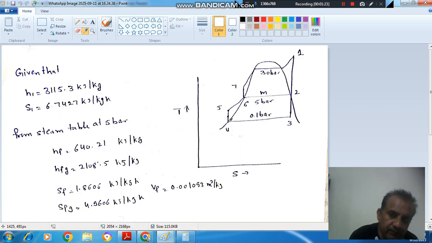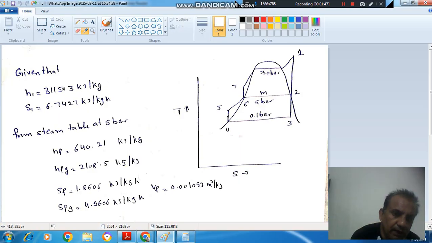Then it is condensed and pumped, and then it is heated with this m kg. So 1 minus m is heated with this m kg of steam, and they are mixed, so it will become 1 kg. And now 1 kg is pumped from 6 to 7, and 7 to 1 is your heating in the boiler of 1 kg of water.